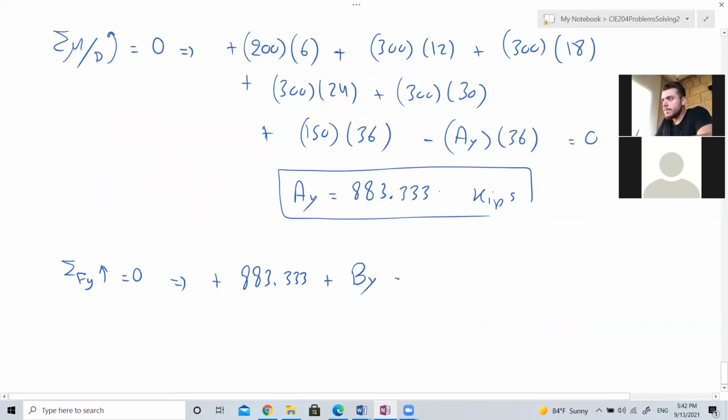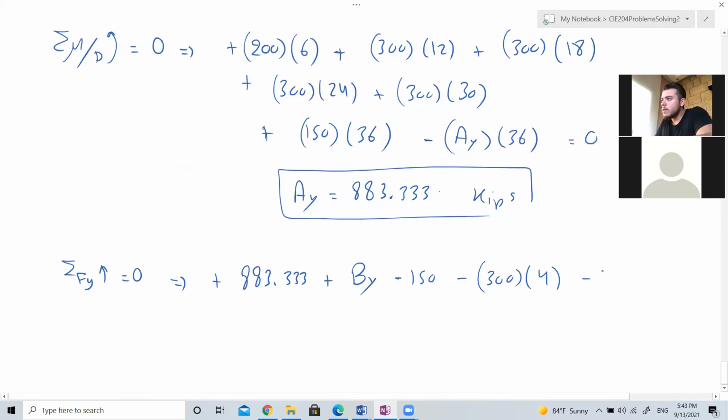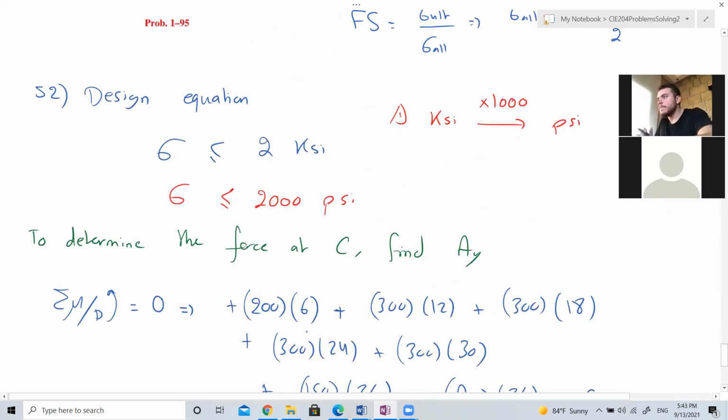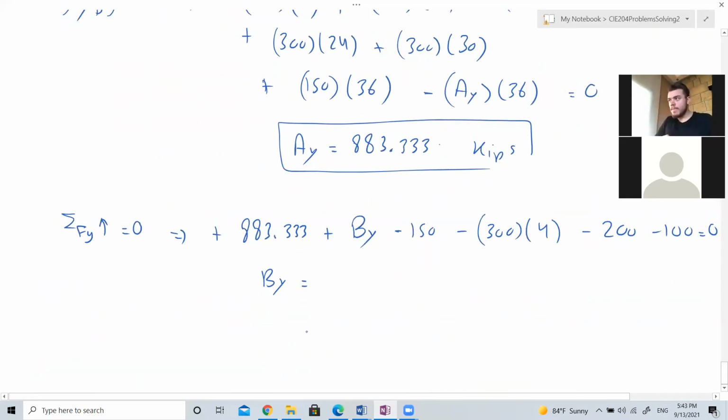How many 300s do I have here? One, two, three, four, so times 4, minus 200 minus 100 is 0. So BY is 766.667 kips.